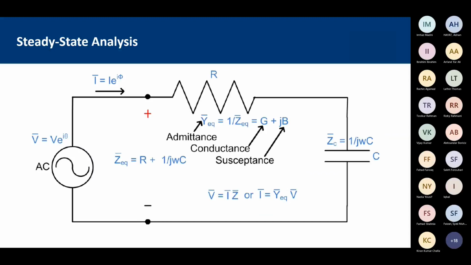Steady state analysis, like I mentioned, is pretty much developed, and most of us understand it because we have been using it for so many years, and in steady state, mostly the systems are pretty much similar. We just have to have a generation source and transmission lines.